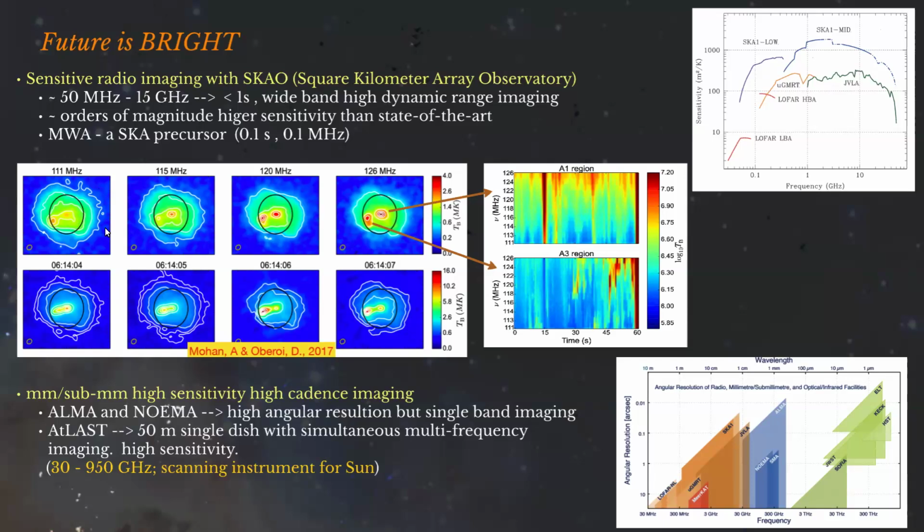Before the MWA era or the SKA era, we didn't have this capability of imaging the solar surface at even a second cadence. Now we have boiled it down to 0.1 seconds. So we can image the sun at 0.1 seconds across this wide band from around 80 to 300 megahertz, covering around 1.1 solar radii to 1.5 solar radii, and look at the morphology variations of active regions across the solar disk in this wide height scale.